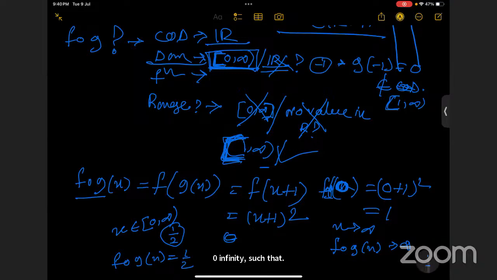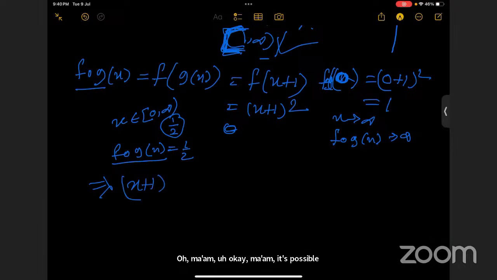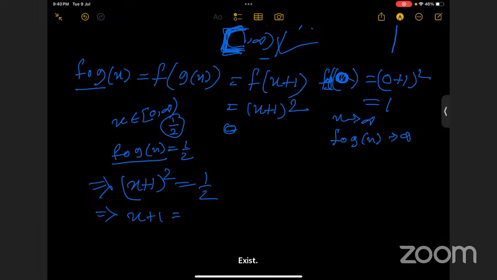Is it possible? It's possible only when x is minus half. Not possible, ma'am. Actually, square value, sorry, ma'am, my mistake. x plus 1 will be 1 by 2.